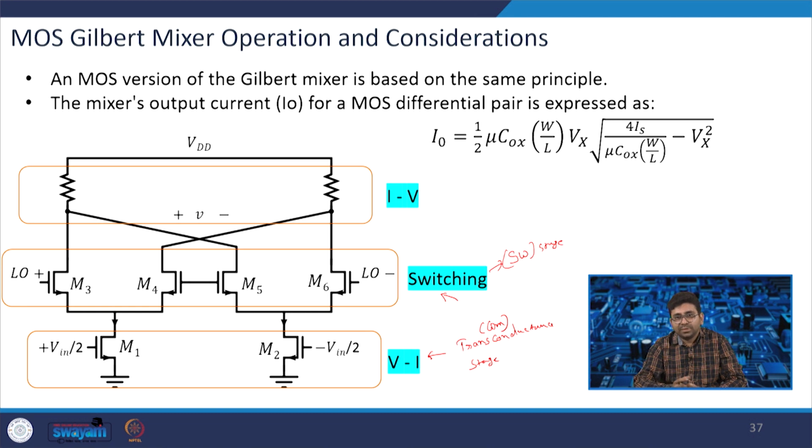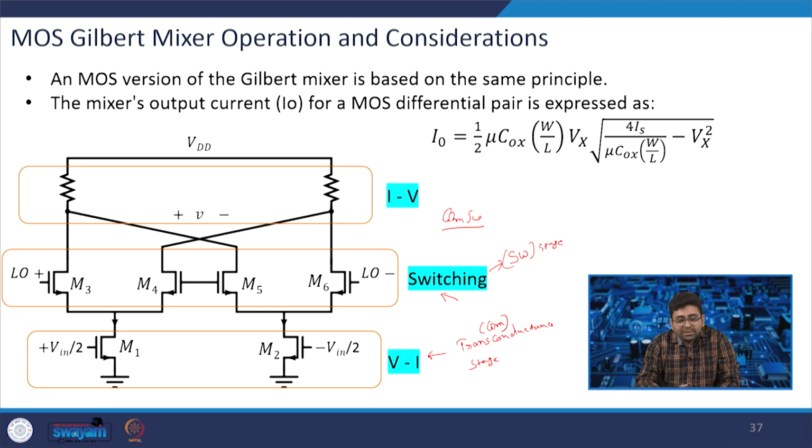So, only the current is the output, and then later on you can use a circuit which will give you the current to voltage conversion. So, here it is GM into switch. Many times it is also called a transconductance switch, GM into SW mixer.